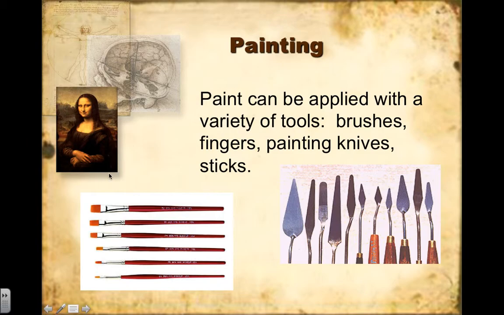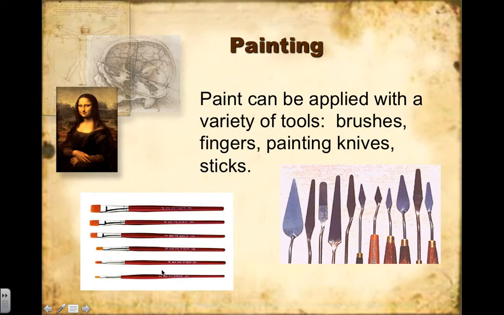We can take a look at an artist named Jackson Pollock, and he created these large masterpieces of work that were created with sticks. He would splash the paint on the canvas. And I will show you kind of a few videos of him as well.